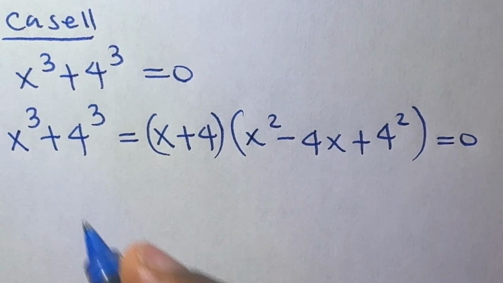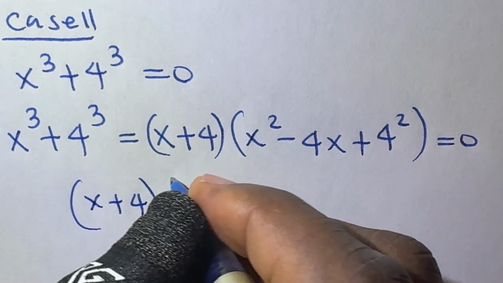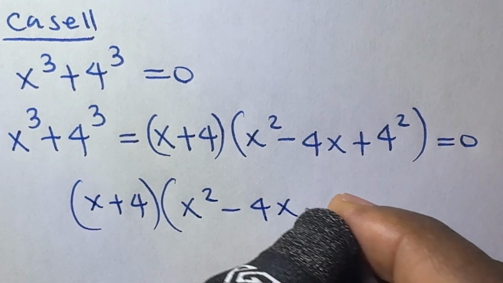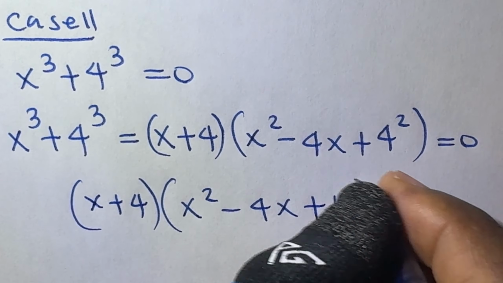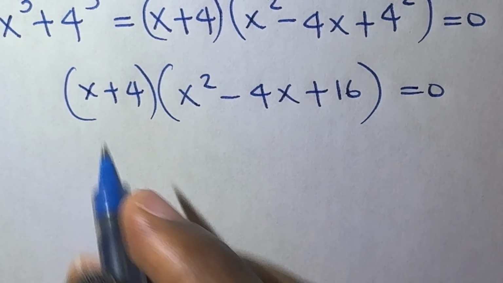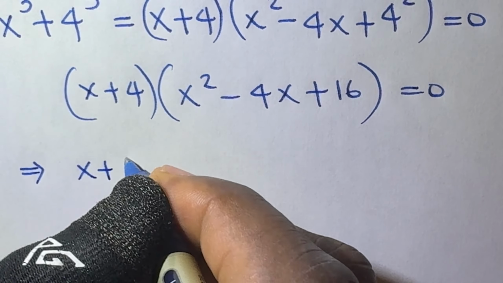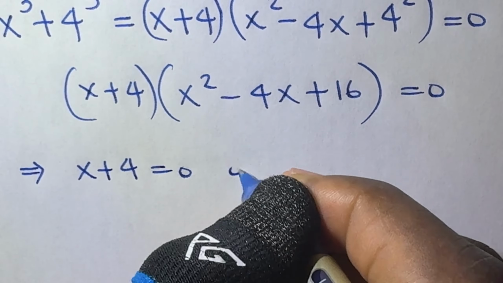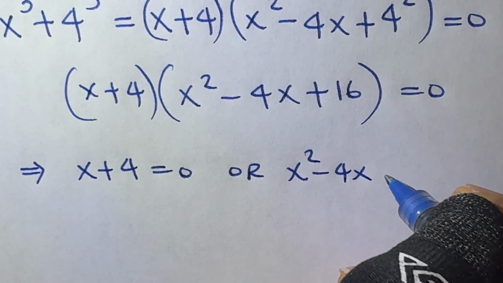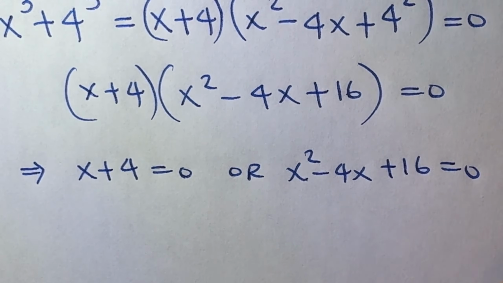We can tidy this up to give us x plus 4 and then x squared minus 4x plus 16 is equal to 0. Similar to what we did earlier, this will imply that x plus 4 is equal to 0, or x squared minus 4x plus 16 is equal to 0.